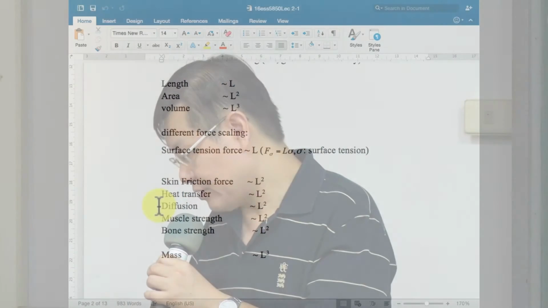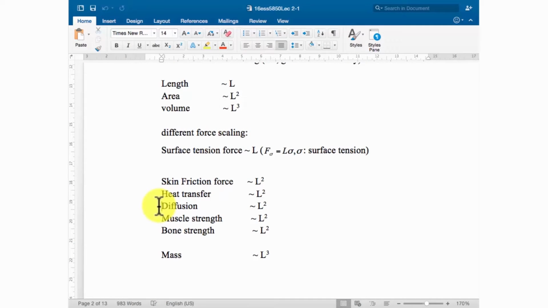We have a high concentration area and a low concentration area, so the mass will flow from the high concentration area to the low concentration area. Diffusion is a kind of mass flux, very similar to heat flux, so it is proportional to the area times the concentration gradient. So it is also a surface dependent physical phenomenon.